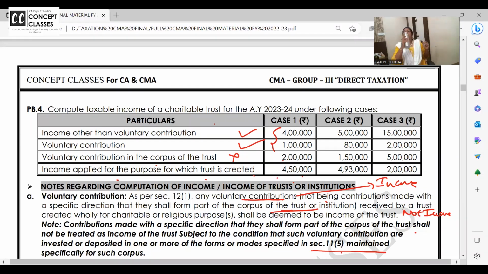Final answer. Taxable. Done? What is the answer?